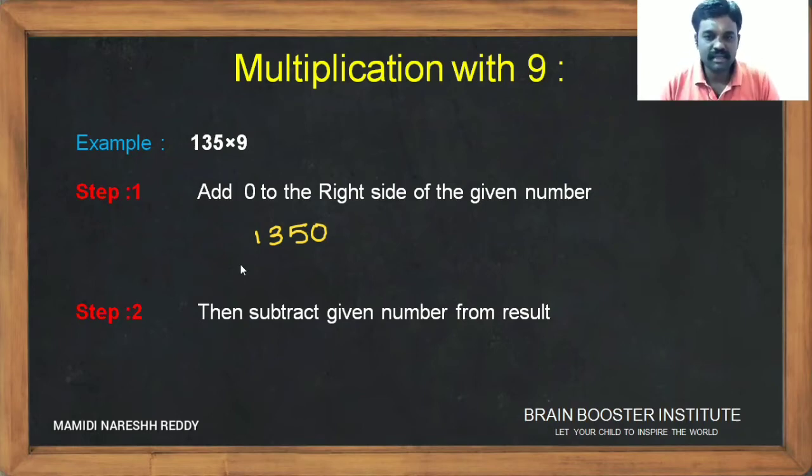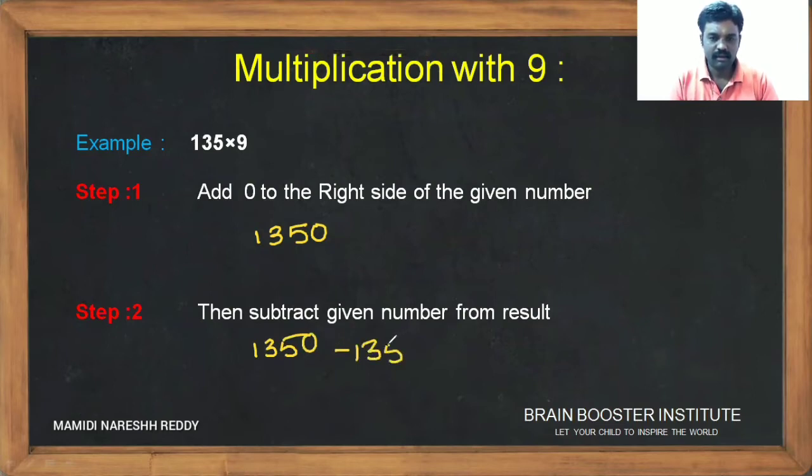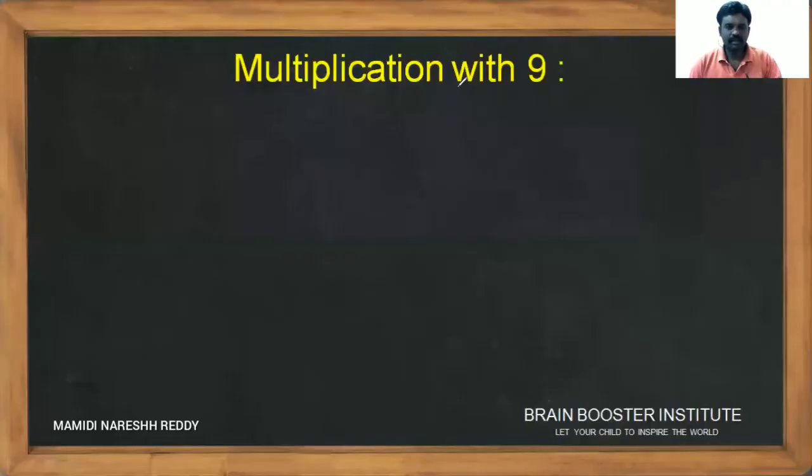The result we got from the first step is 1350, from which we should subtract 135. 1350 minus 135 is equal to 1215. Let's see the next example.